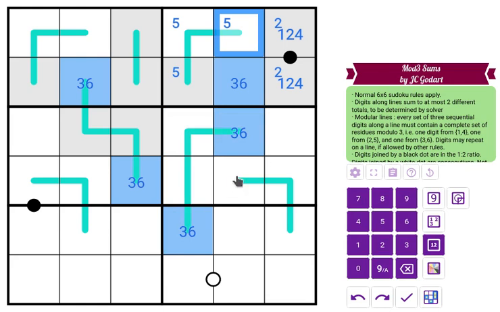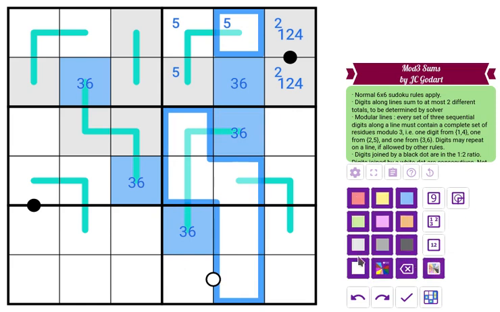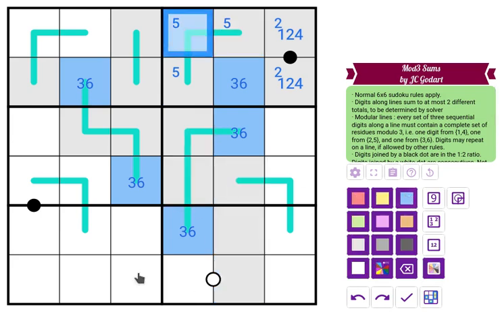And now we can continue with the 3 6 pairs. So this is 3 6. This is not. So here, this line must contain 3 or 6.